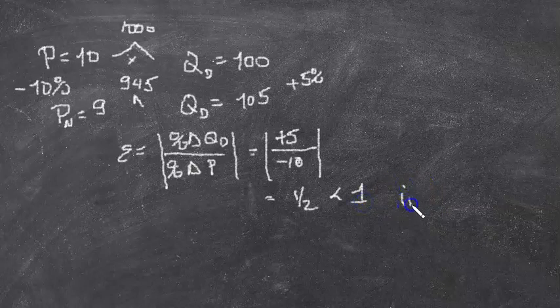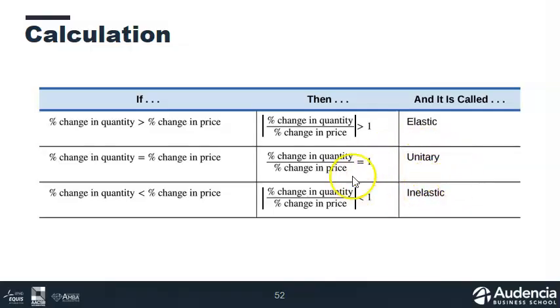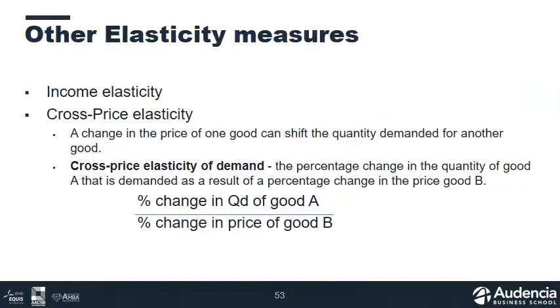So this is what's called a relatively inelastic demand. We don't see a lot of response. We decrease price by 10%, but quantity only goes up a little bit. That's an inelastic demand. And if that ratio were equal to 1, we would have what's called a unit elastic, or unitary elasticity, which is when it's equal to 1.